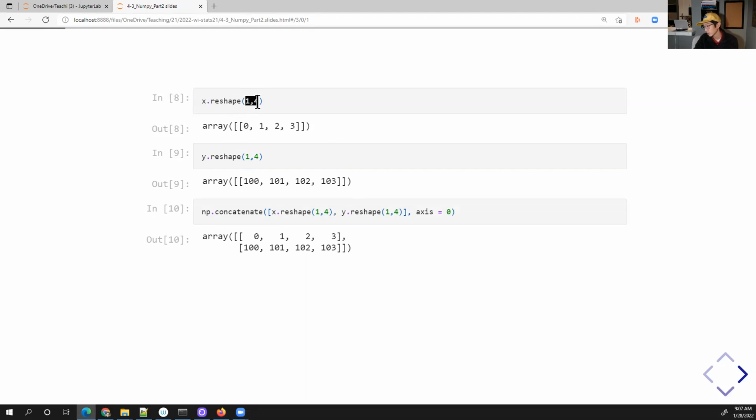If you think of the shape of this, it's 1 by 4, so axis 0 would be the 1, the number of rows, and axis 1 would be the number of columns, the 4. So if we concatenate along axis 0, we're appending rows together, and we're going to get a 2 by 4 array.